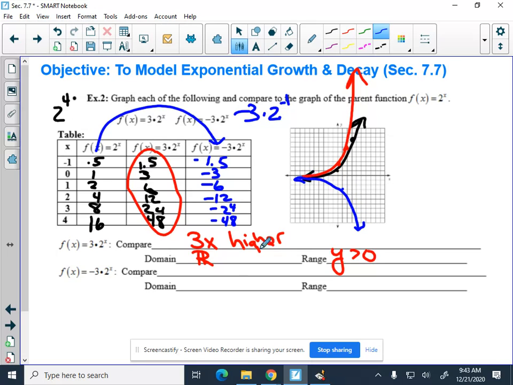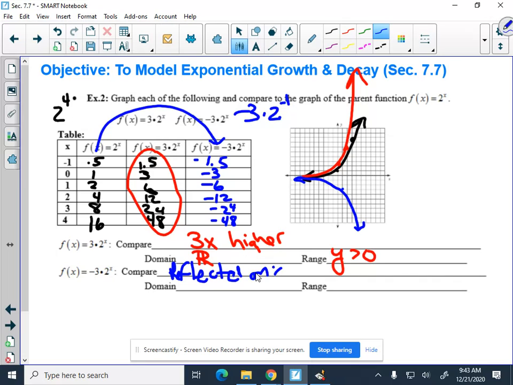Now, what's the difference? Well, if we compare, it is what we call reflected on the x-axis. I'll write this one on the board rather than with the mouse.